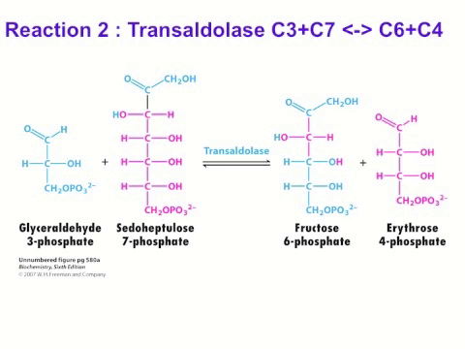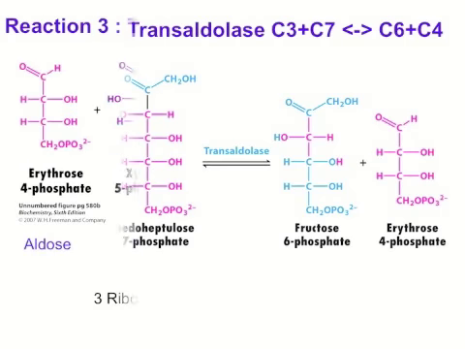In the process, we'll be left with fructose 6-phosphate, which is one of the products that we want, and erythrose 4-phosphate. And the enzyme that catalyzes this reaction is called a transaldolase. We're going from an aldose to a ketose, glyceraldehyde 3-phosphate to fructose 6-phosphate. And we're going from a ketose, sedoheptulose 7-phosphate, to an aldehyde, erythrose 4-phosphate.